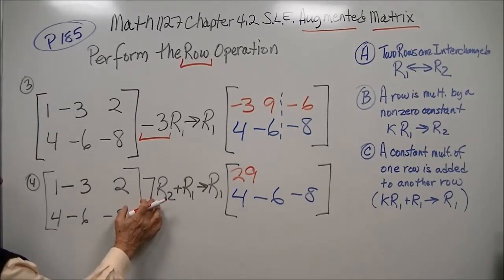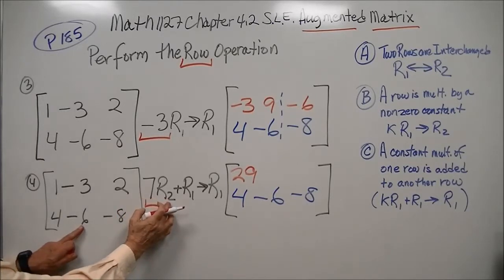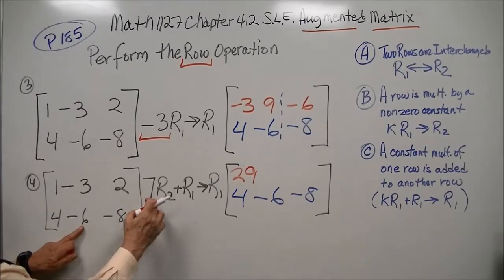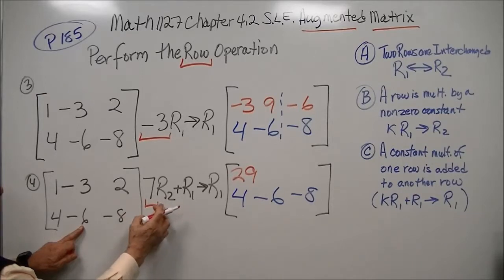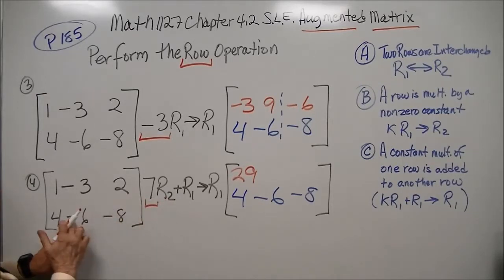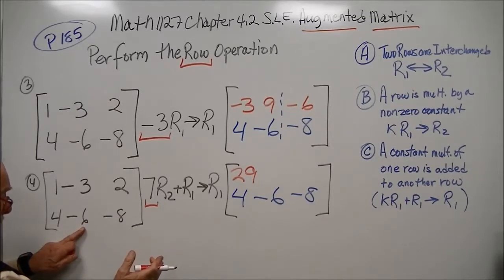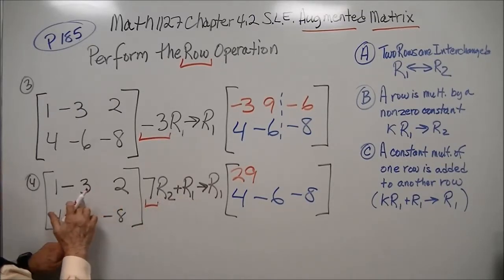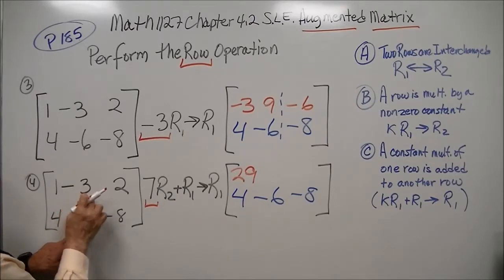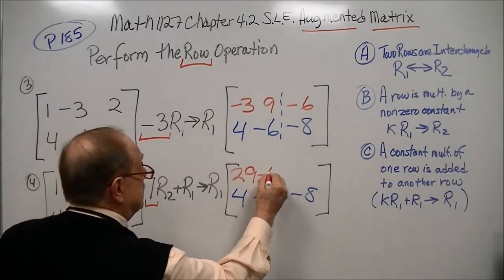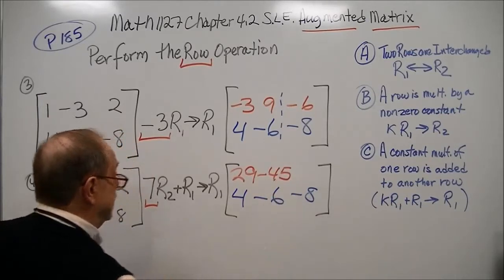All right, 7 times a -6 is a -42. Add it to row 1. A -42 and a -3 gives me a -45.